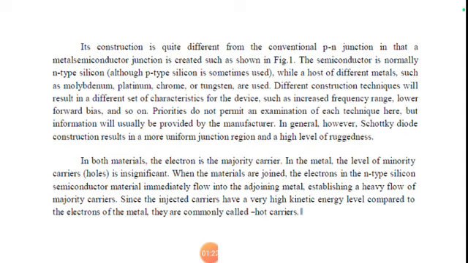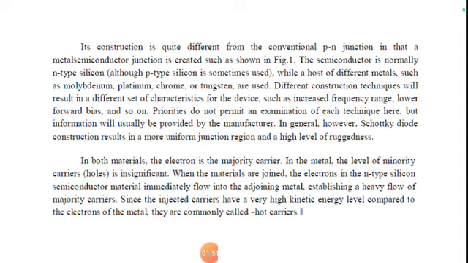Sometimes P-type silicon is used, while different metals such as molybdenum, platinum, chrome, or tungsten are also used instead of silicon. Different construction techniques will result in different sets of characteristics, and this occurs in the increased frequency range.